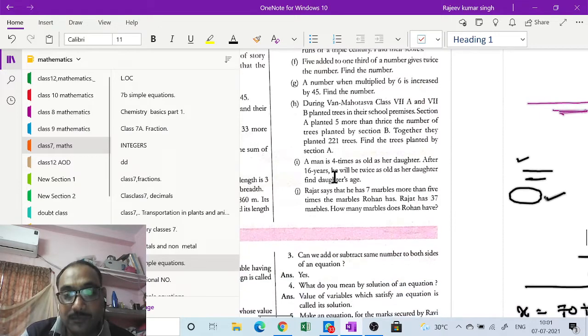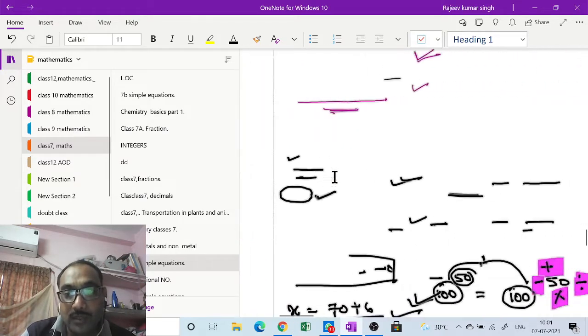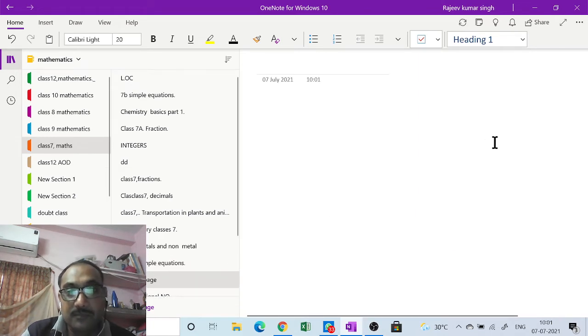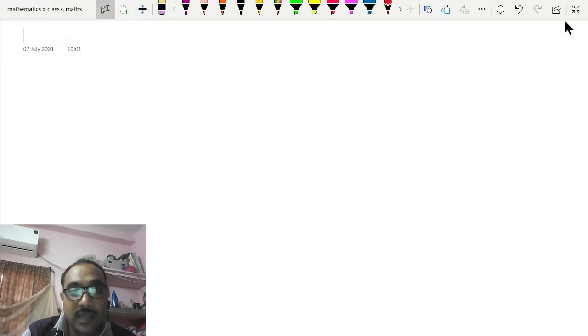Now, it is the word problem that we are solving today. To know about the word problem, I just want to open one file and explain how you can formulate an equation by using the given word problem.